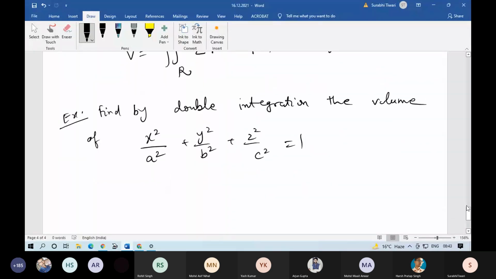Now what we'll do, first we'll take the projection of this ellipsoid in the xy plane. So we will get this ellipse. This is 0, this is a, and above, b on the y axis.